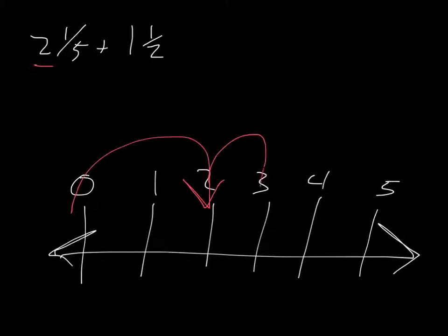Then I'm adding 1 from my second whole number, adding 1/5, and then 1/2, which shows me that I'm approximately between 3 and 4. In this case, I would use the number line more as an estimate so that I know about the right range, but still use my fractional ones to multiply across. If you'd like to break it down into the tenths because that's easier for you, go for it.